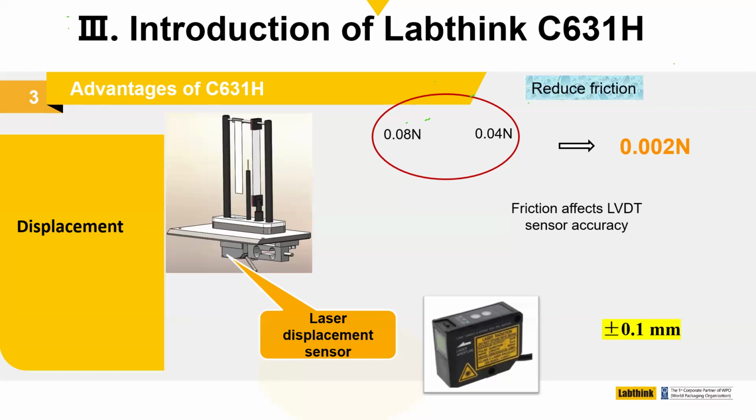And now with the laser, as I say, it's virtually friction-free, 0.002 newtons. And that small difference is simply due to the mass of the small T-shaped target, which is fixed to the bottom of the ratio measurement specimen. And so with this system, we can get an accuracy of plus or minus 0.1 millimeters.